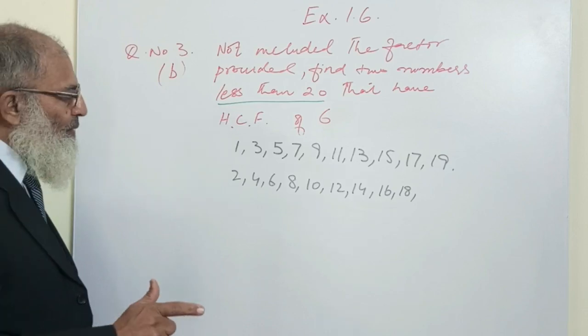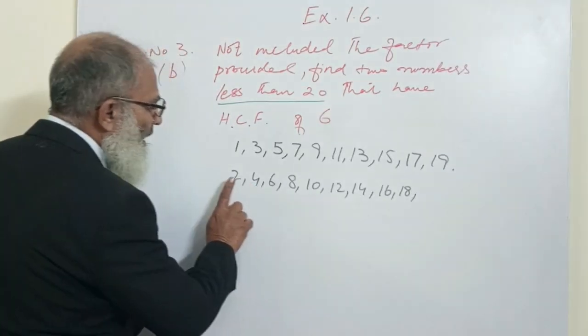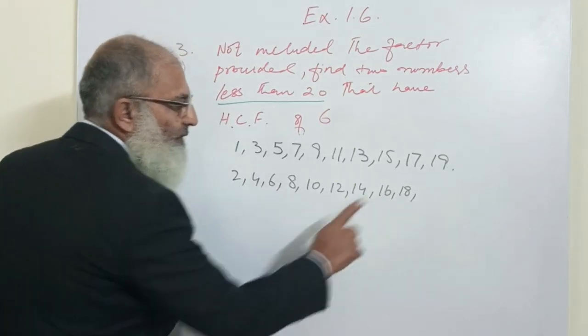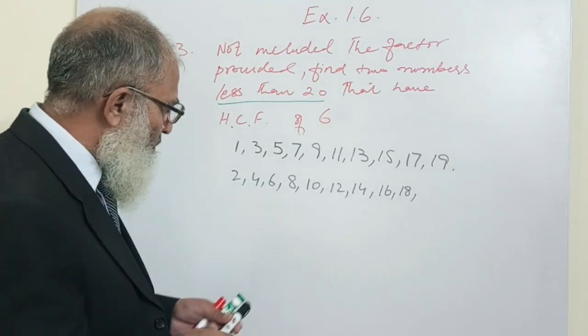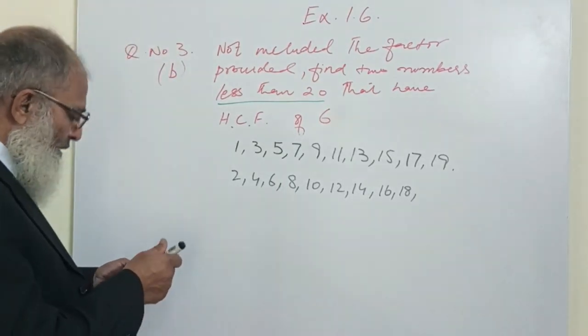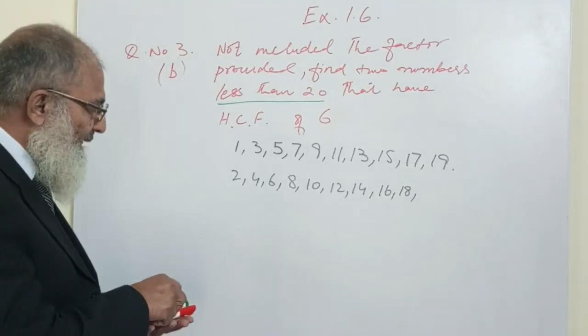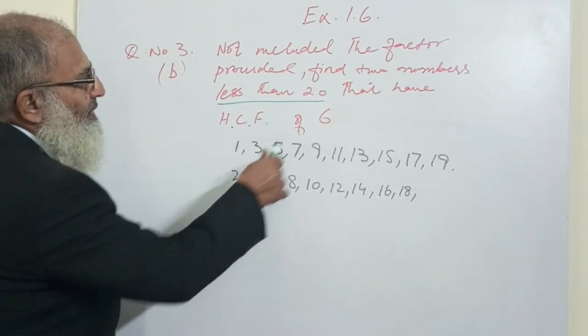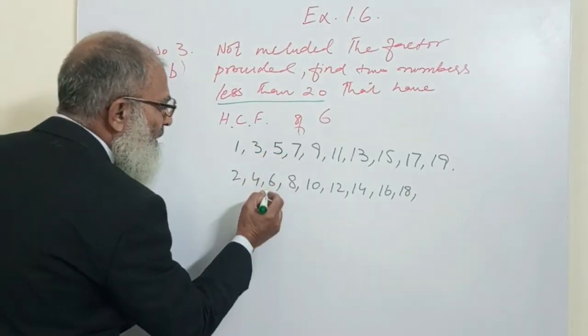Now there are two methods of doing this question: I find the factors of each and every number, or I just apply my logic. I have to rule out some numbers from here also, and that is the number 6, because the question says you have to leave the number 6 as well.